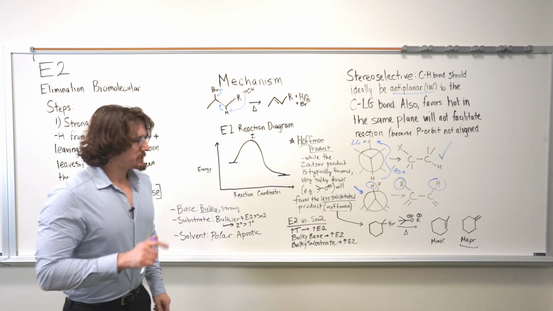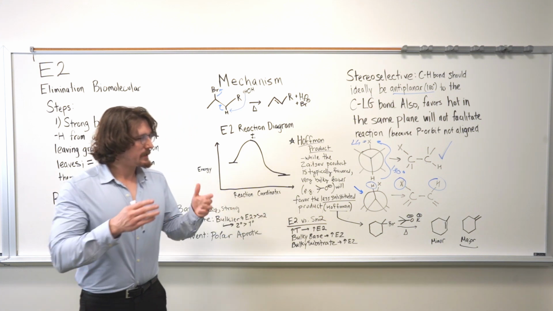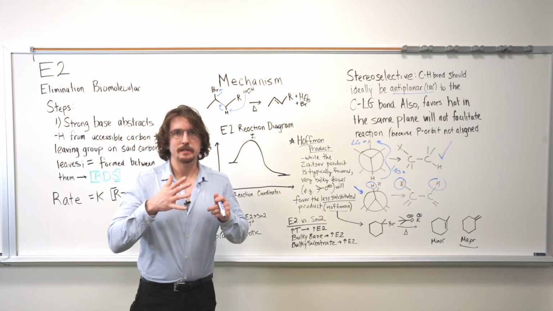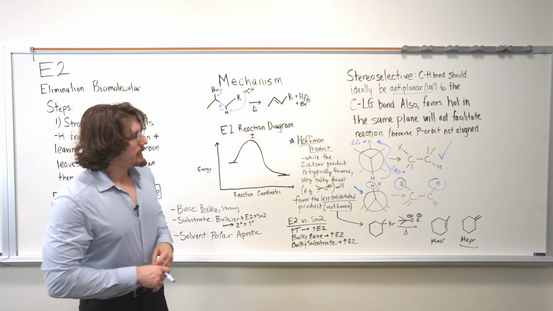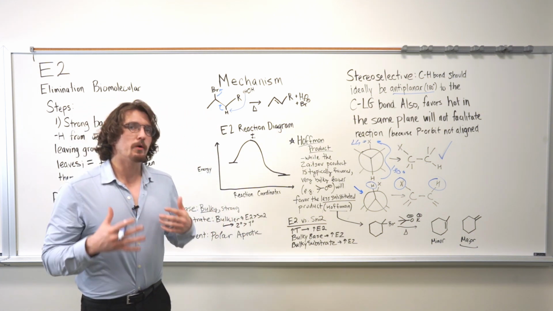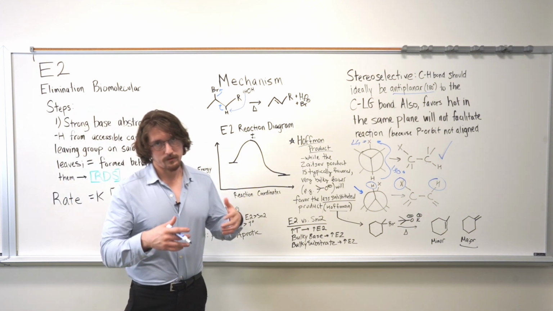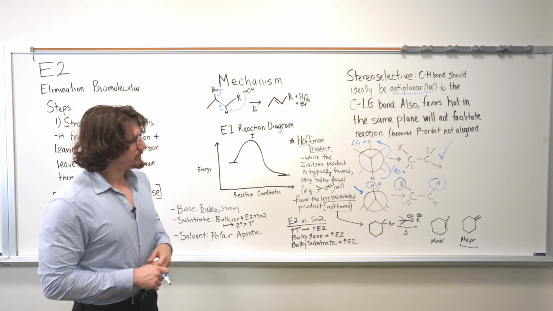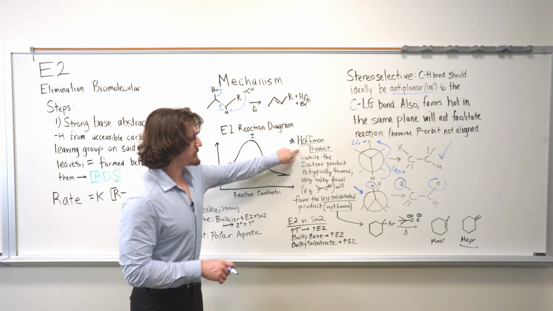Now, another consideration is that normally we said that with elimination reactions, you're going to get the Zaitsev product, which is the more substituted alkene. However, if we're using a really bulky base, which is something that will be more typical for E2 reactions, you can also get the less substituted alkene in some cases, which is called the Hofmann product.